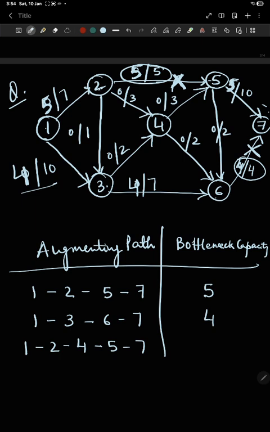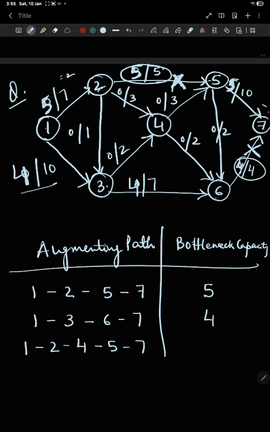For seeing the minimum, for the 1 and 2 path, it is 5 out of 7. The remaining is 7 minus 5, which is 2. Now for the 2 and 4 path, it is 3. For 4 and 5 it is 2, and then for 4 and 5 it is 3, and then for 5 and 7 it is 5. So what is the minimum?